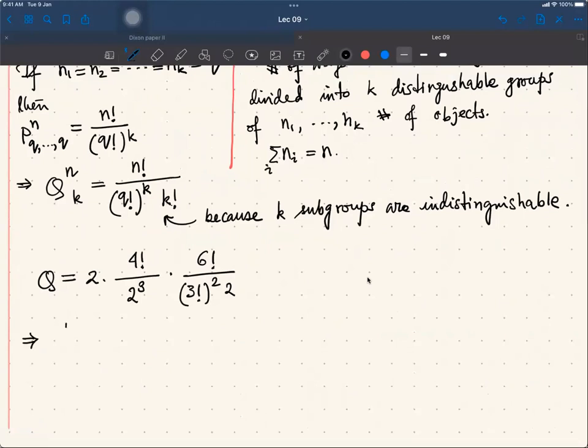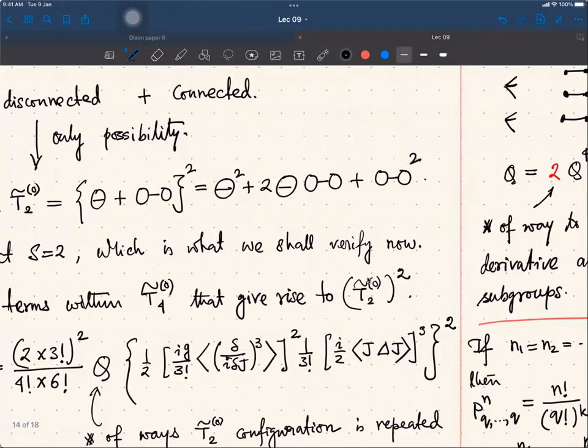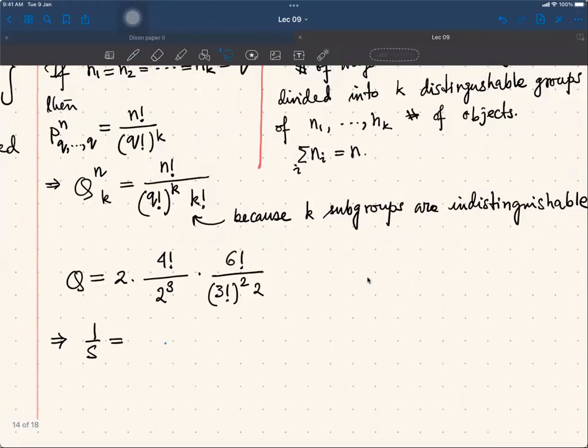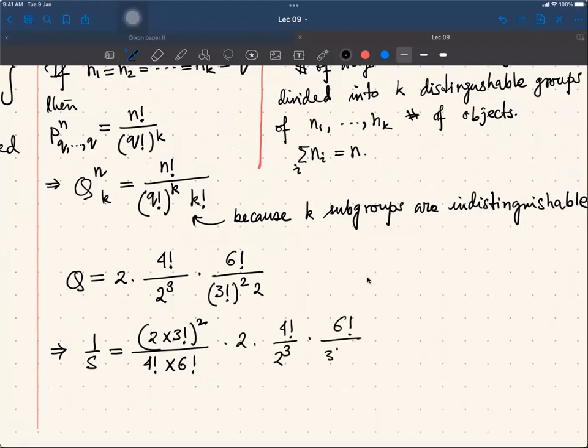Therefore 1 over s, which we had here, times 2 factorial 4 over 2 cube, times factorial 6 divided by factorial 3 square times 2.